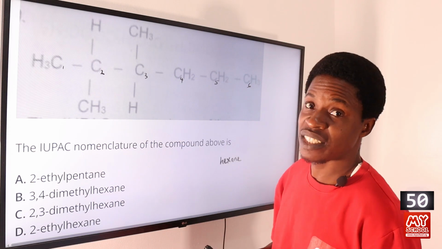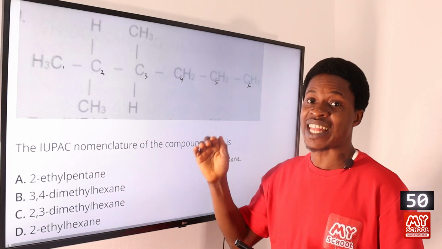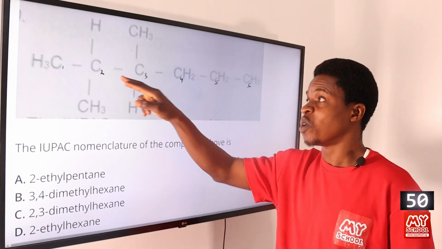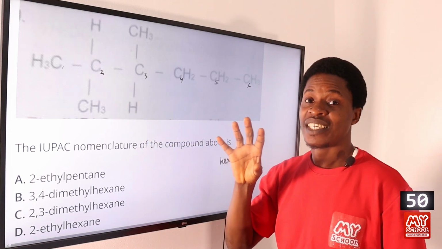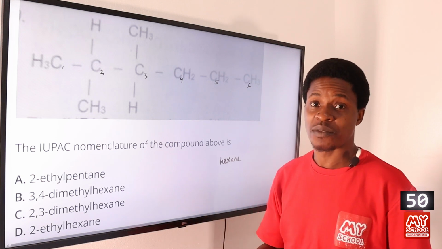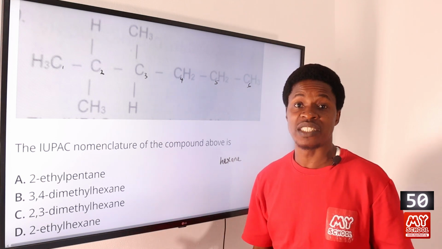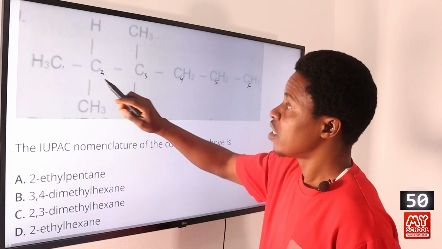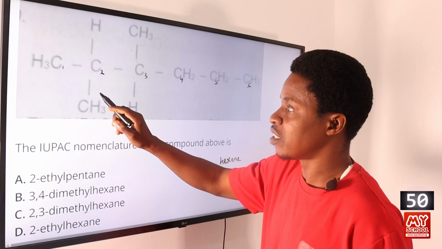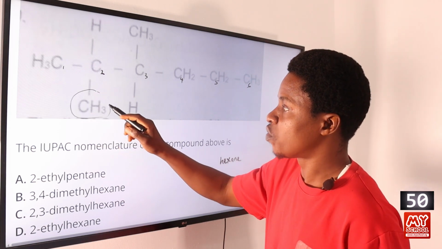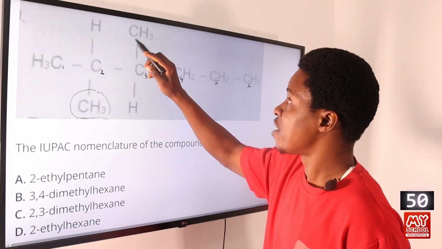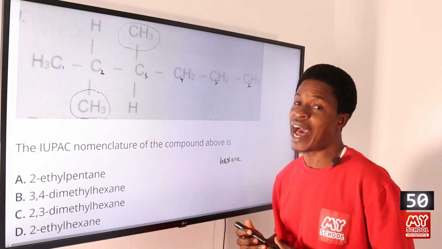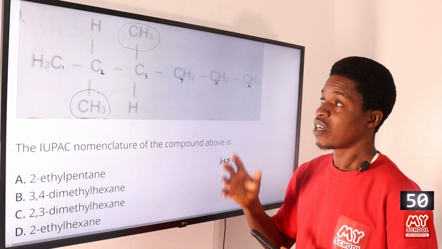Is there any other chain or functional group attached, apart from hydrogen, to a carbon atom on the chain we named? Those can act as substituent groups. Apart from hydrogen, here we have one. This is not hydrogen, this is CH3. So this is one substituent group. We have another one here. This is another substituent group. We don't have any again. So we have two substituent groups at this point.